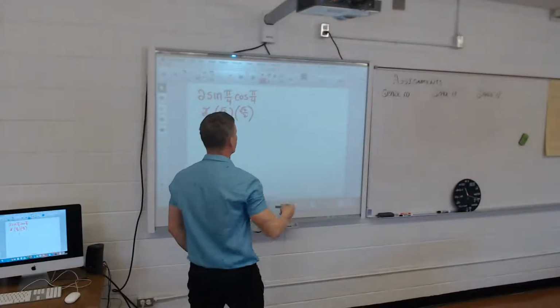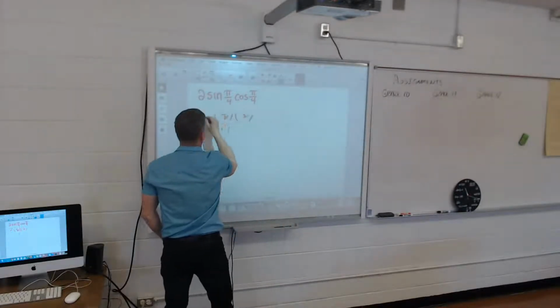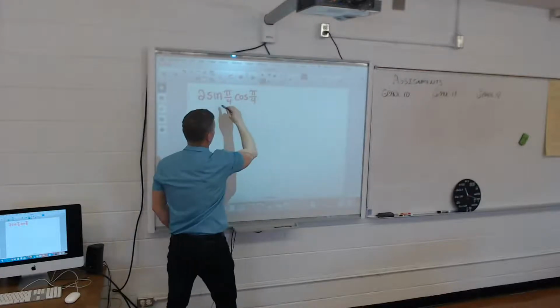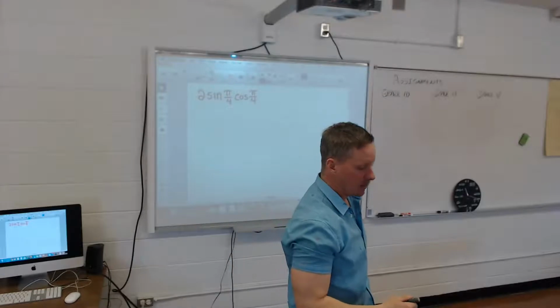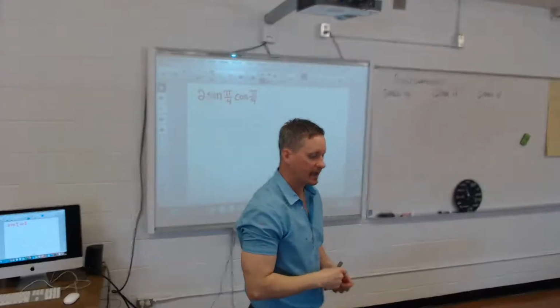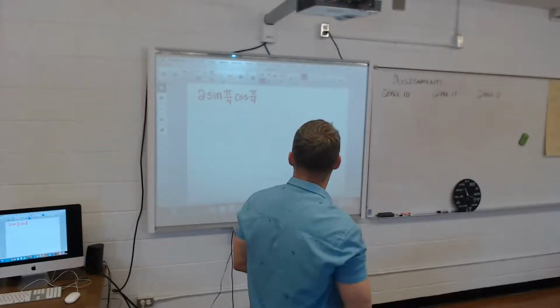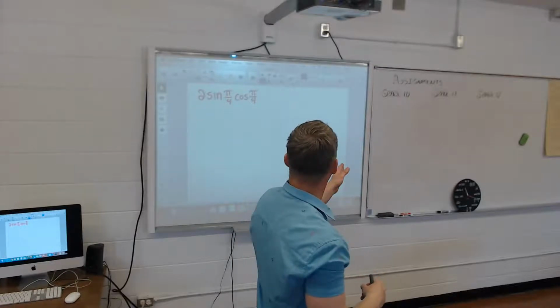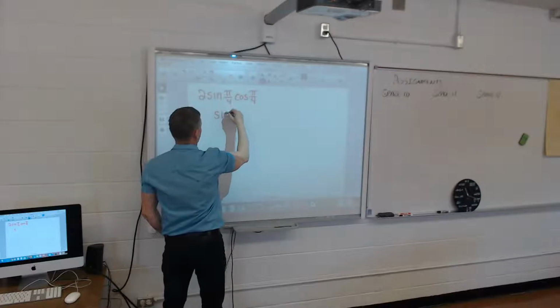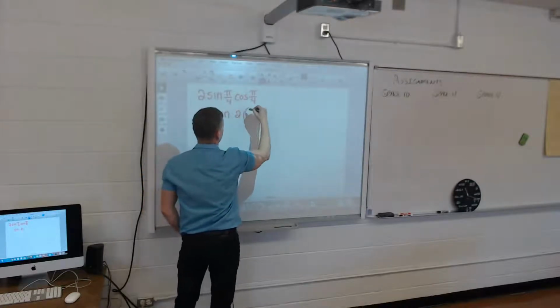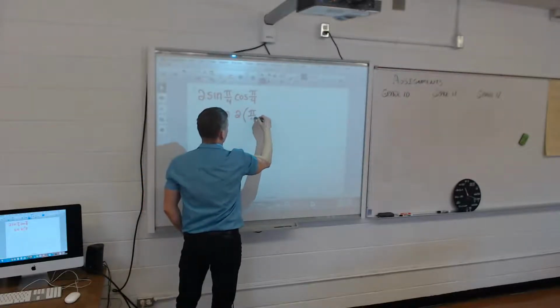But what they want you to do, and that's okay, because I know the values of pi over 4 for sine and cos, is use an identity. So which one of the identities is 2 sine cos? That's the same as the sine of 2 times my angle, which is pi over 4.